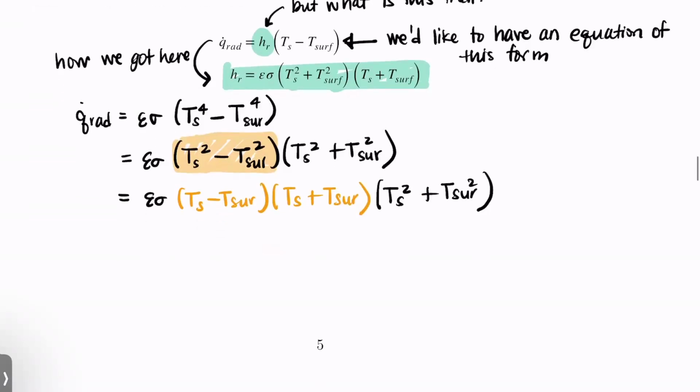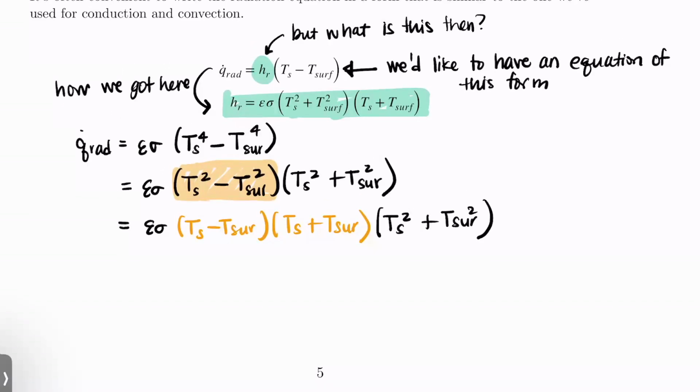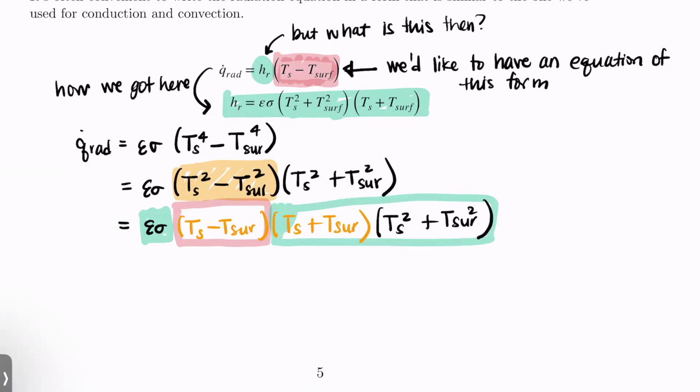All right. And so you'll notice that now we have this Ts minus T sur term. That's right here. And all of the rest of this is HR. So this and this all group together to form HR.